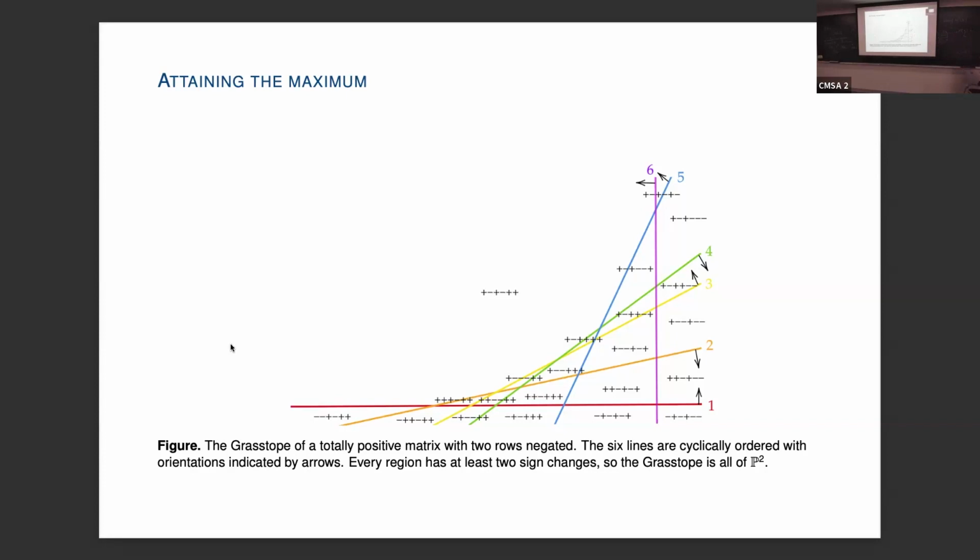Then you can actually see that every single region has at least 2 sign changes. And so the Grasstope is actually all of P2 here. And so a question is: is it true in general that the maximum can always come from doing something like this?